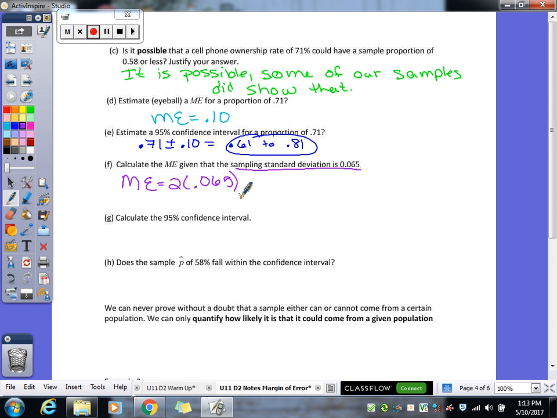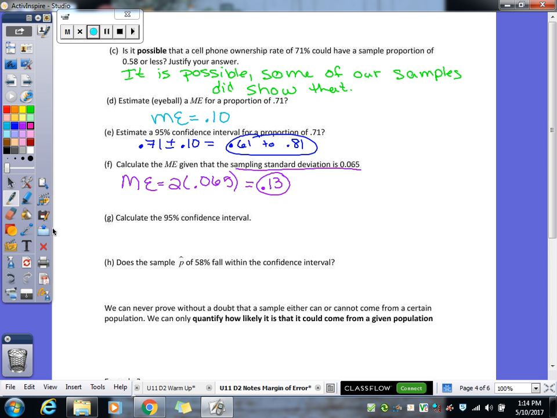So 2 times our 0.065, which gives us what? 0.13. Were we close with our estimation? Yeah. I mean, we had 0.10. It actually turned out to be 0.13. We were pretty close. So that's good.